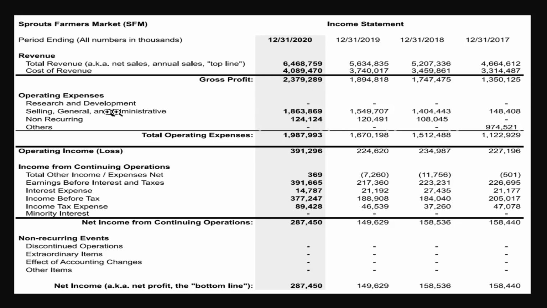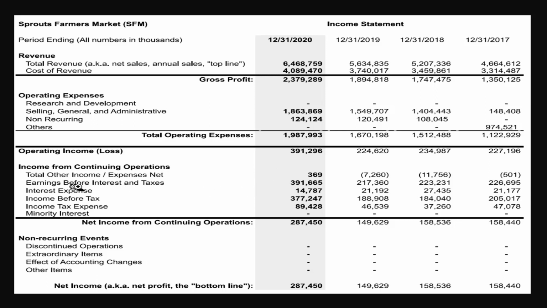Then you have to take away your operating expenses. And maybe some of you, when you were looking for SG&O or SG&A, here it is right there: selling, general, and administrative costs, payroll, rent, and other things. And so that gives us our total operating expenses. And here's where it starts to get a little tricky. We maybe have a little bit of income from or outflow from some other sources.